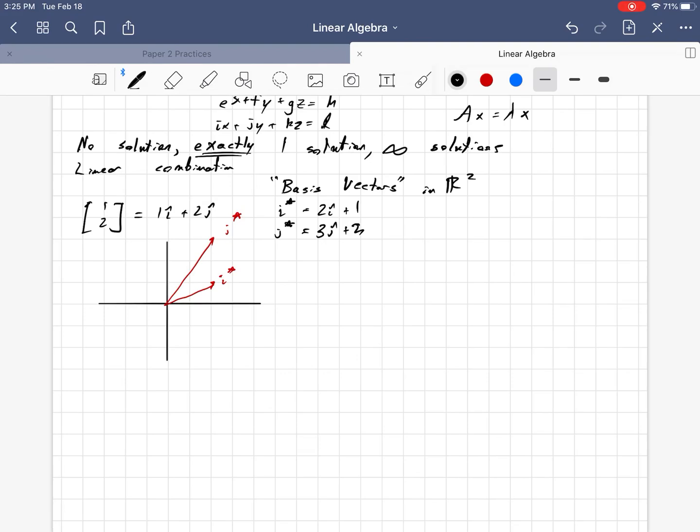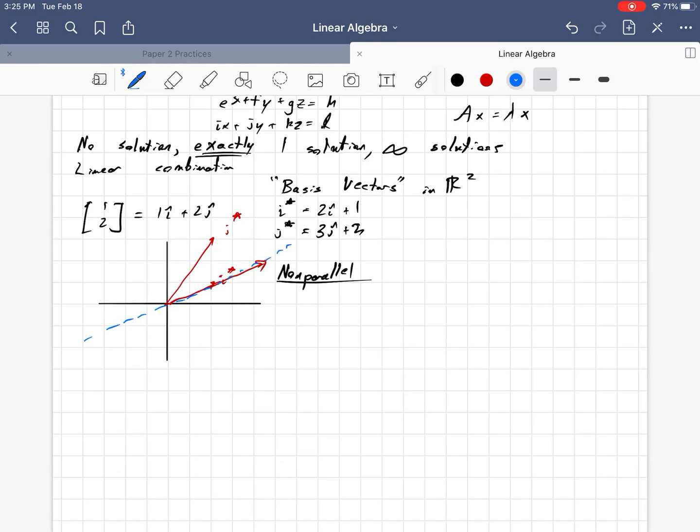But the truth is that yes, if these two new vectors, i star and j star, are non-parallel vectors in 2 dimensions, and the emphasis is put on non-parallel, because if they were parallel, then, say maybe j star was instead twice i star, then you'd only be able to describe vectors along this line here.